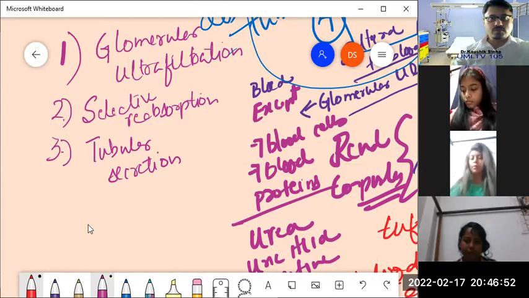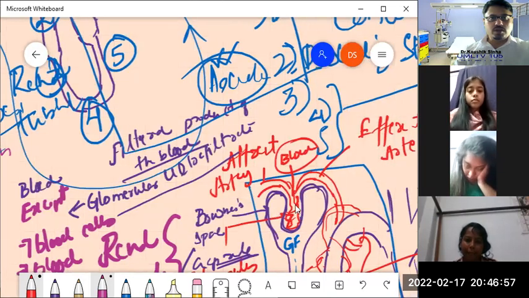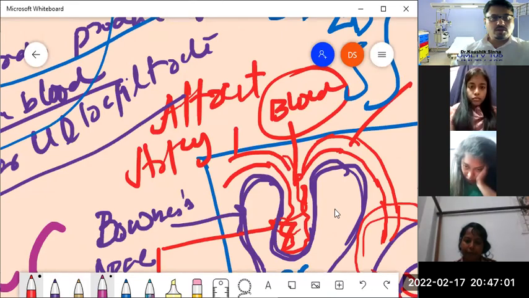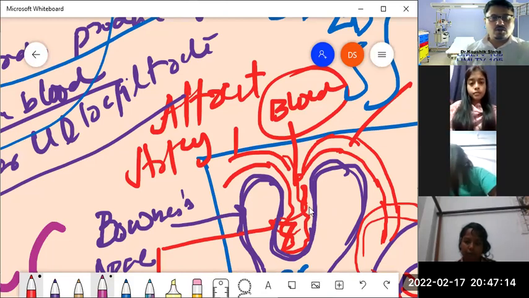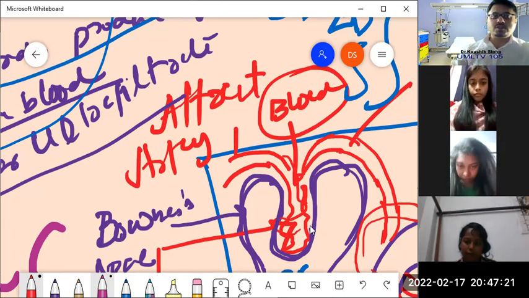See, while the filtration was going on in this particular area, it is not possible actually to eliminate all the waste in this area. Elimination is possible through filtration. So this area doesn't ensure 100% elimination of all the metabolic waste.